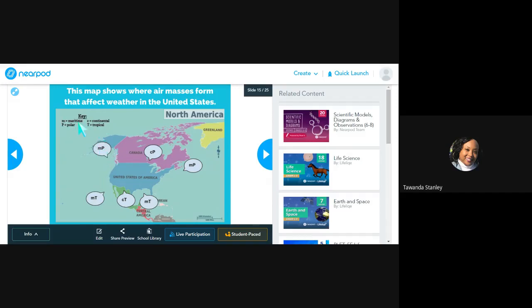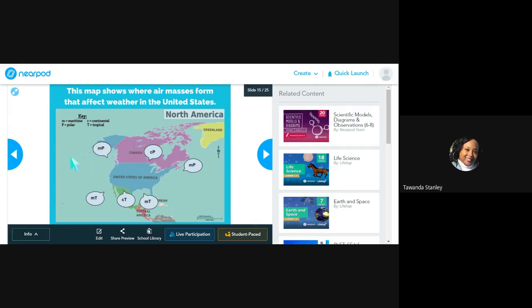The M represents maritime, the P represents polar, the C represents continental, the T represents tropical. So I have maritime polar. Well, all this space out here is considered to be water. And so I am saying that it is forming over an ocean. And because this particular air mass is forming over an ocean, that's why it has an M.